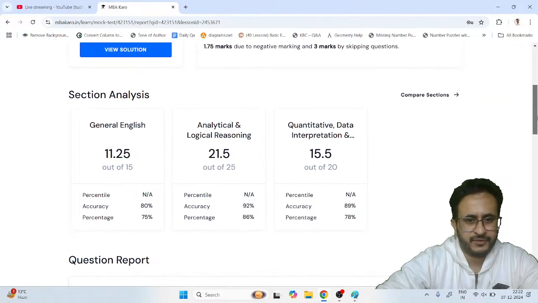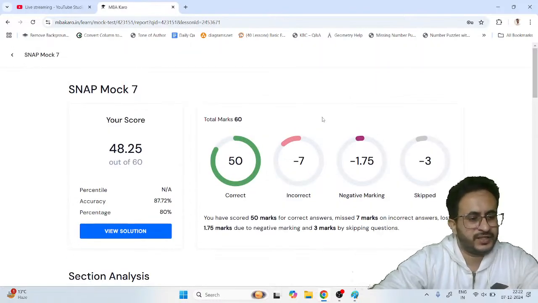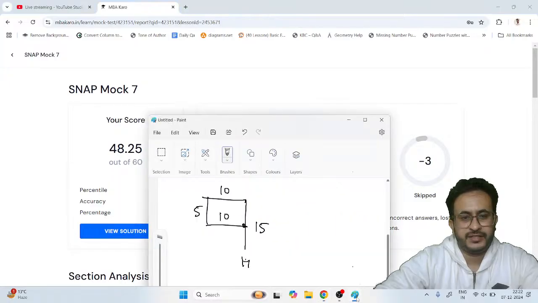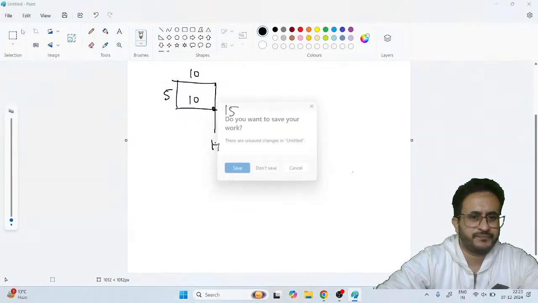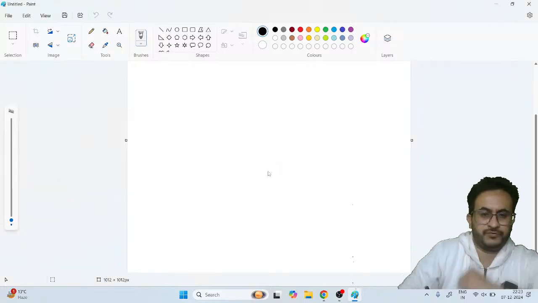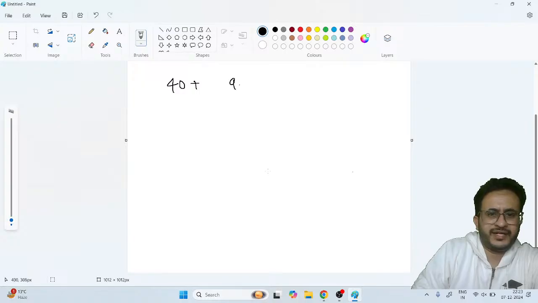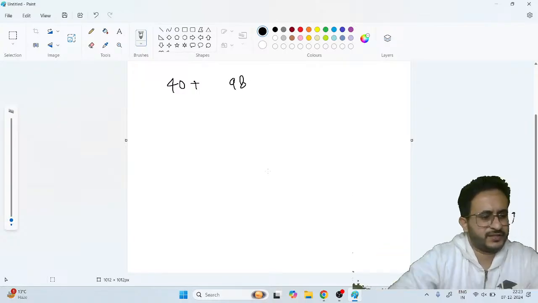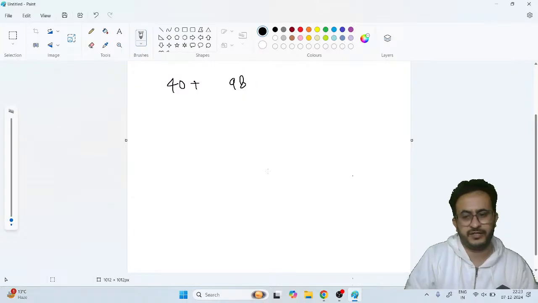Maybe I made a couple of mistakes. If I talk about this mock, the ideal score would be 40 plus. 48 was on the higher side. If you get 40 plus, that is for 98 plus percentile, compared with the actual examination. So 98 plus percentile would be the case.